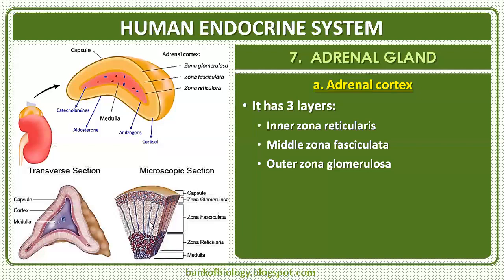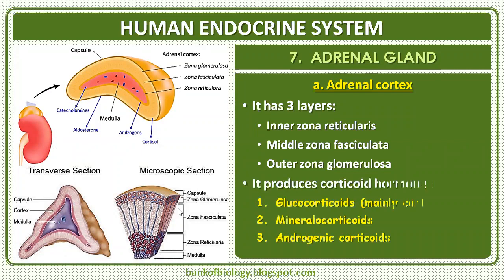This is the arrangement you can see in the histological view. This is the medulla, the lowermost. Then their hormones. Zona glomerulosa secretes mineralocorticoids. Zona fasciculata, glucocorticoids. Reticularis is for sex corticoids.